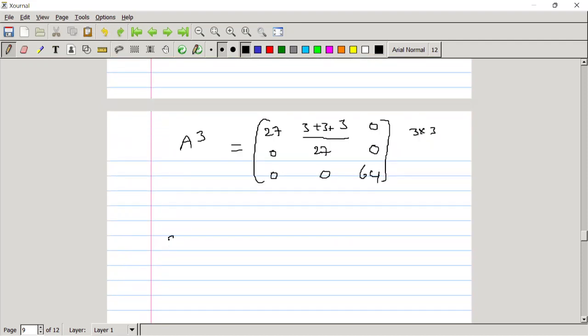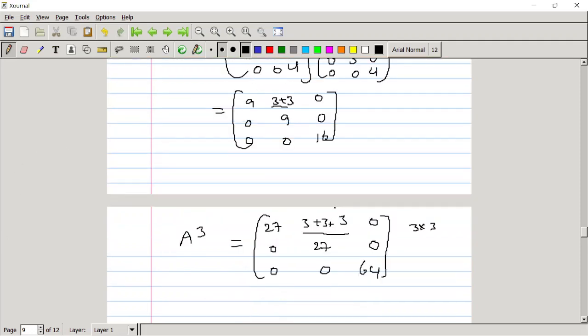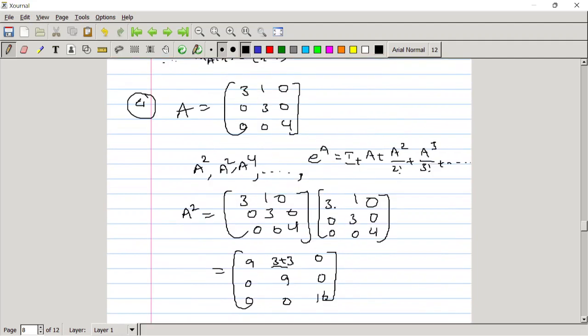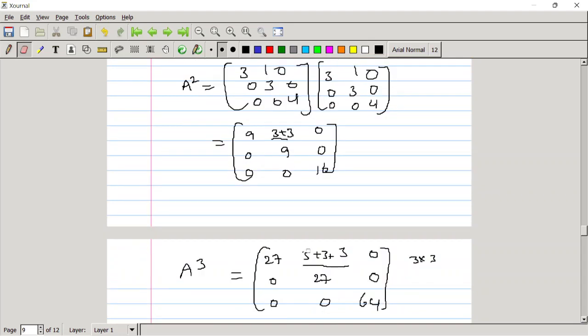Similarly, for a power n, we get... for a cube, is it correct? I think for a cube it is not 3 plus 3 plus 3. This will be 3 times 3 plus 3 plus 9.